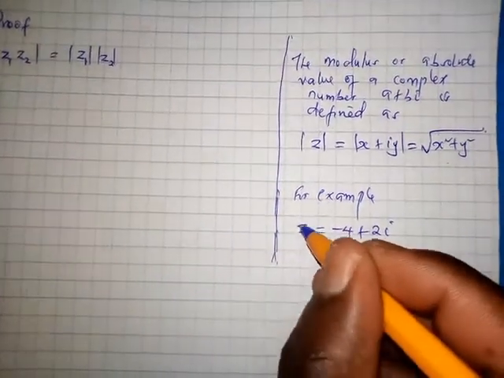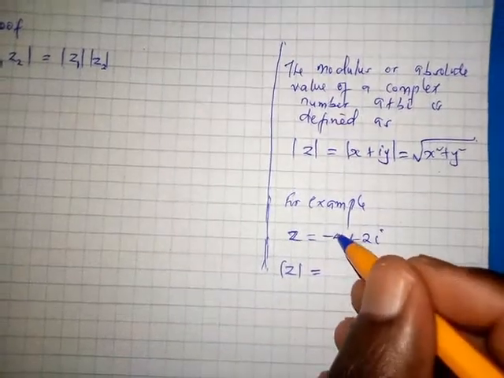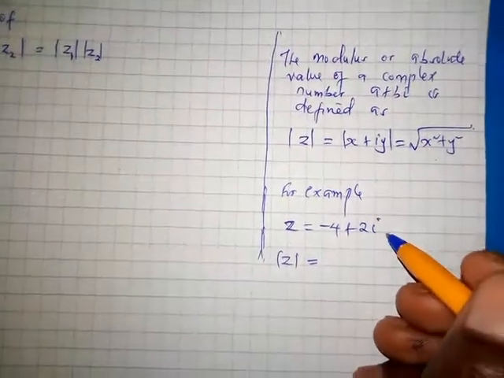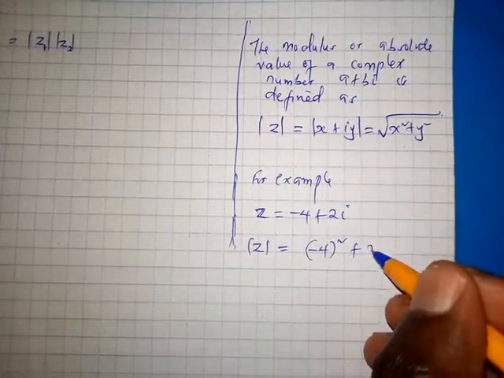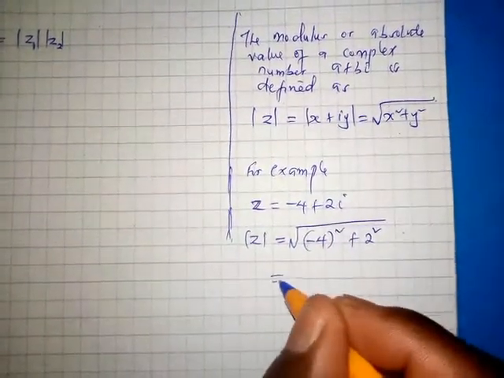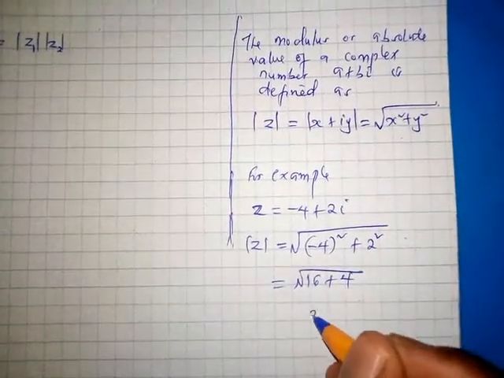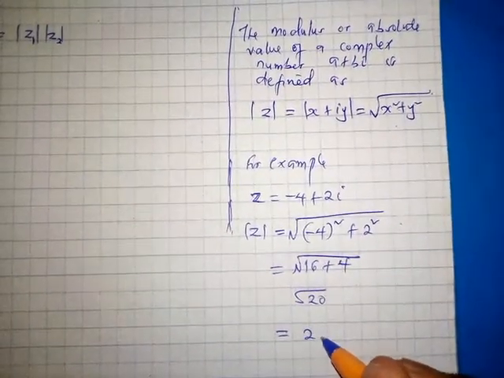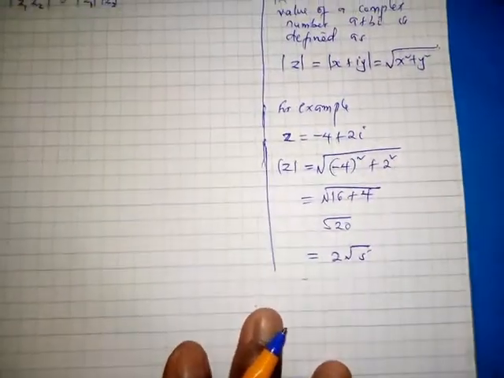The modulus of z is equal to the square root of -4 squared plus 2 squared, so we get the square root of 16 plus 4, the square root of 20, which is 2 root 5. So that's all about the modulus.